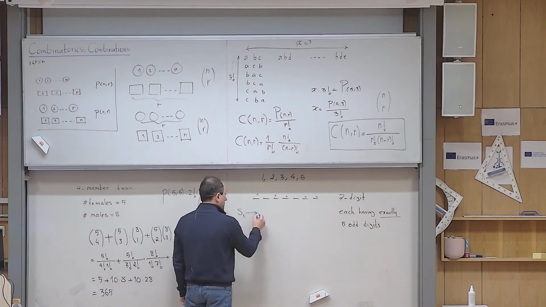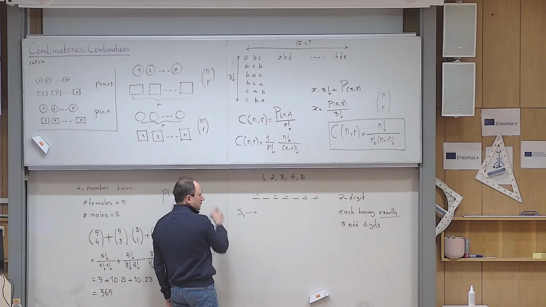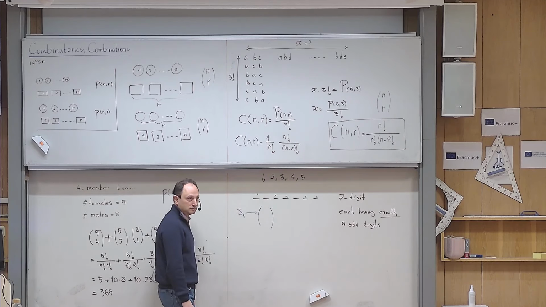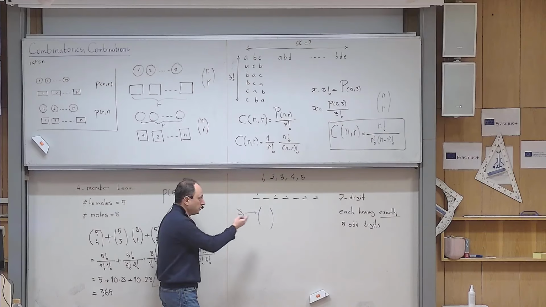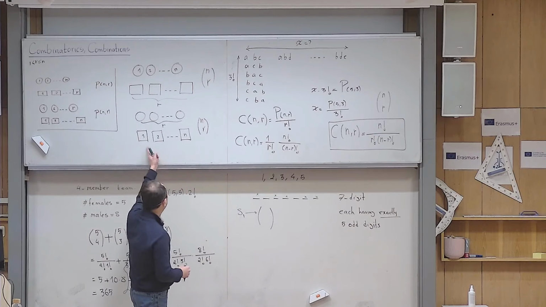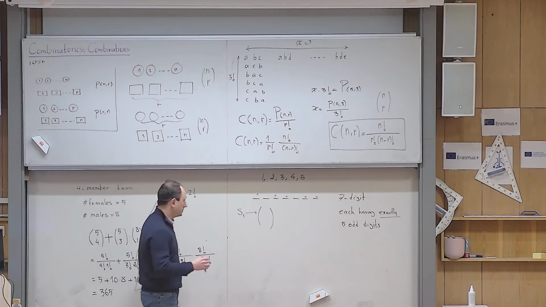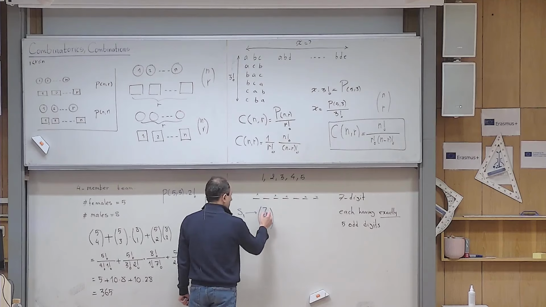So according to the model we just described here, the answer is what? How many boxes do I have? 7. The boxes are distinct, and the marbles are identical. So it becomes 7 and 5.